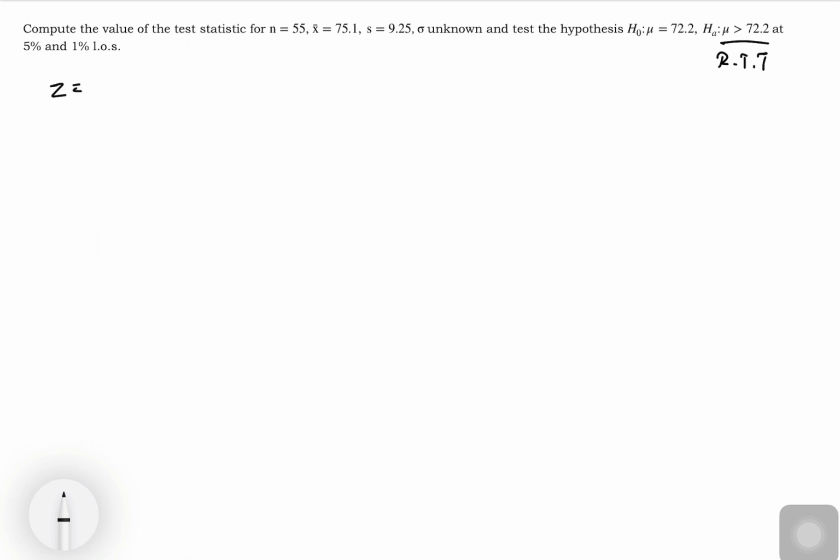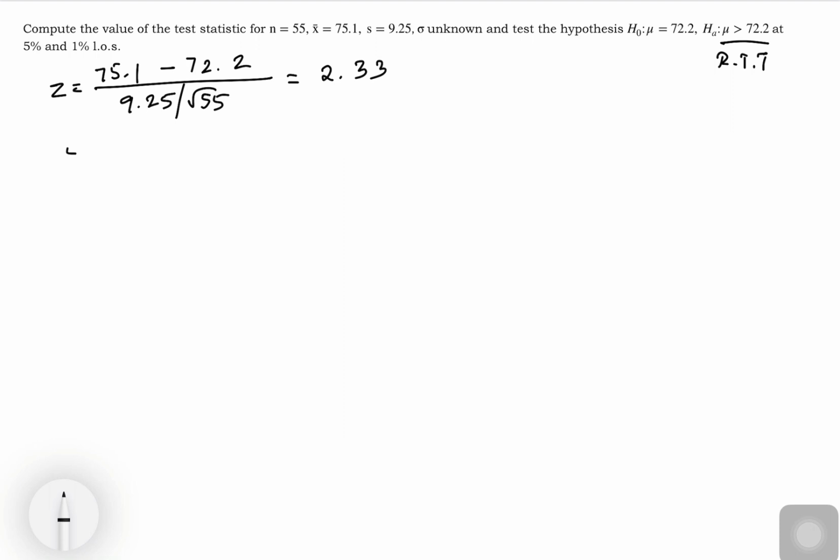So Z is 75.1 minus mu 72.2 divided by s 9.25 divided by root 55. Since here sigma is not given, we will be considering the sample standard deviation, which is s. So this is given by 2.33.